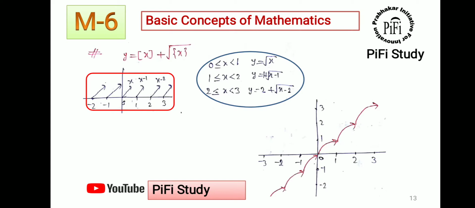One is greatest integer x varying step by step, 0 1 2, and another function is root x. So you know the graph for root x, and you also know the graph for greatest integer x. So combine both the graphs, and you will get the final plot as shown in this figure.